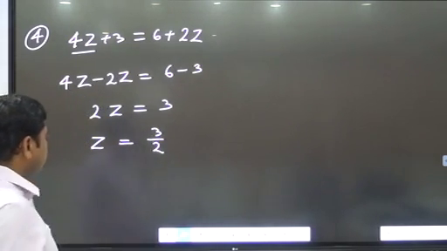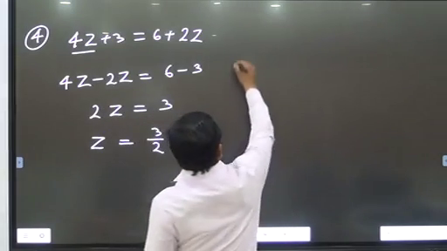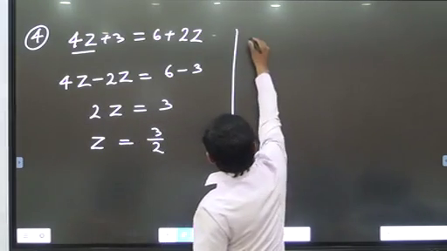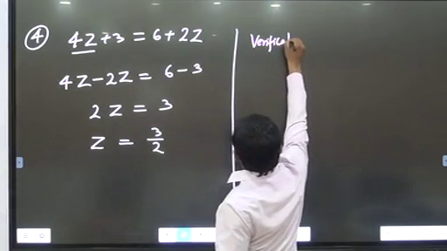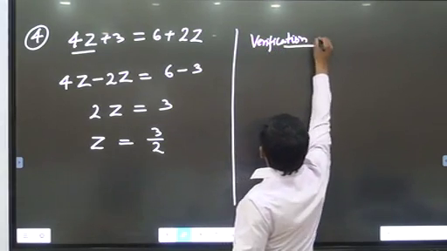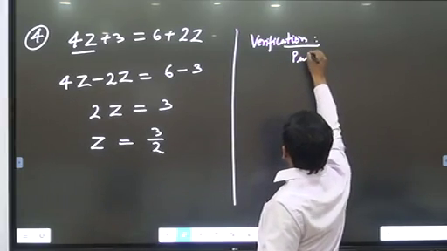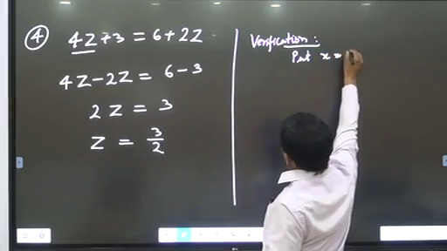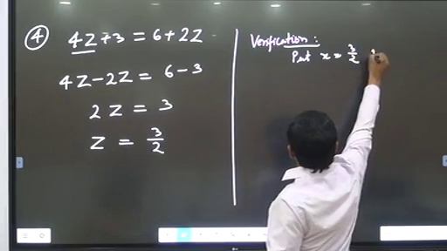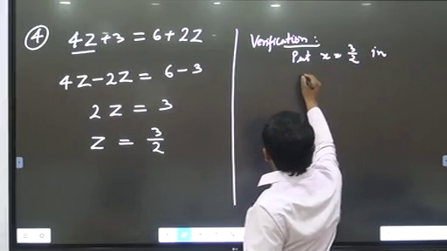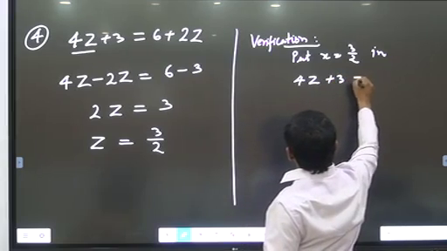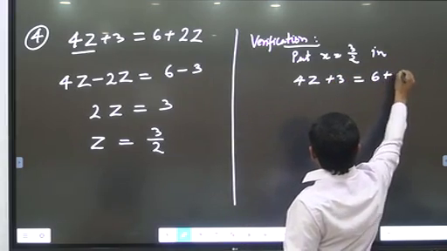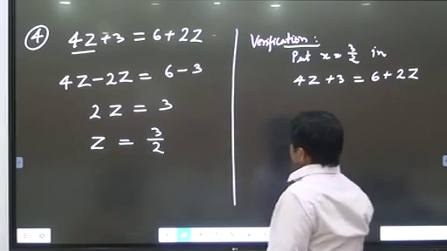Now check, verification of answer. Put z equal to 3 upon 2 in 4z plus 3 equal to 6 plus 2z.